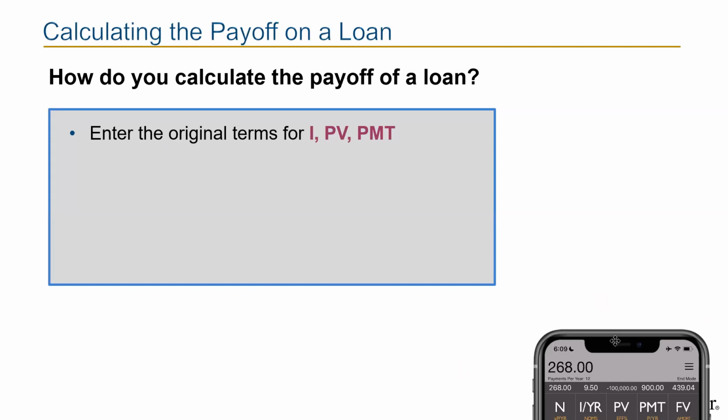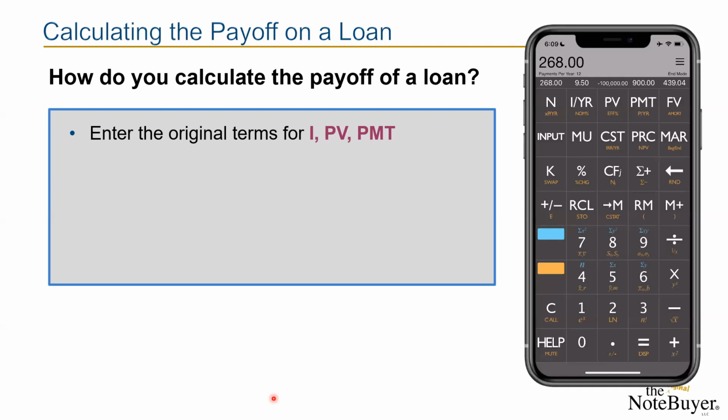So just as a little summary here, how do you calculate the payoff of a loan? You're going to enter your original terms, your I, PV, and payment. And then you enter the number of payments made into N. So it doesn't have to be at the end of the loan. What if they pay it off early?